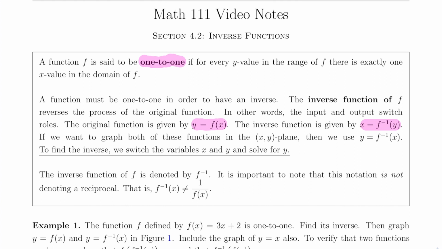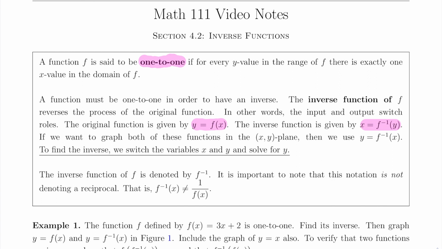Now if we have any variables other than x and y, if we for instance have temperature and time, so we are tracking the temperature outside over several days, then that would be it. So our inverse function would now produce the other variable.